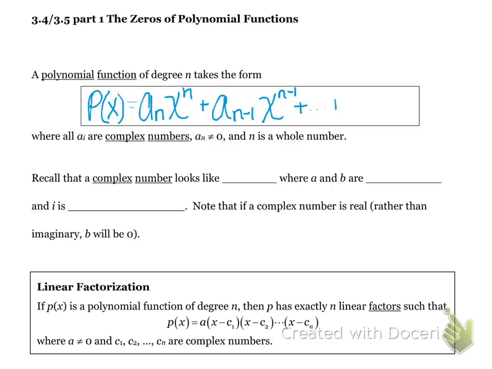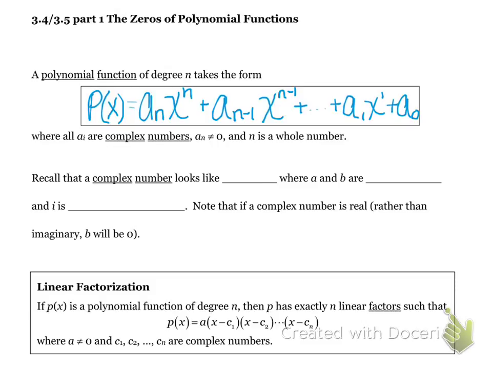And this pattern continues until we get our linear term, a sub 1, x to the first, and then just our a sub 0, our constant term, where all a sub i are complex numbers, and a sub n can't equal 0, and n is a whole number.